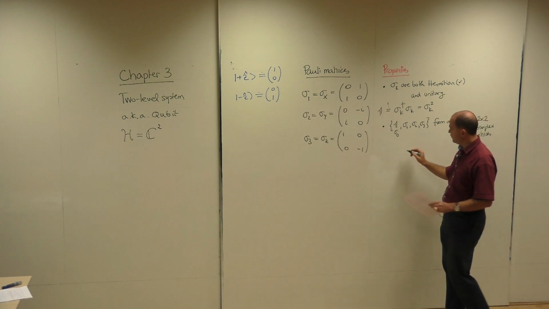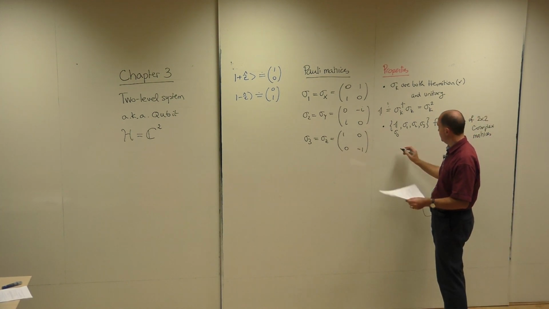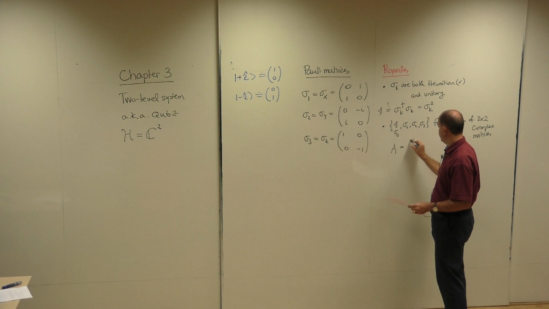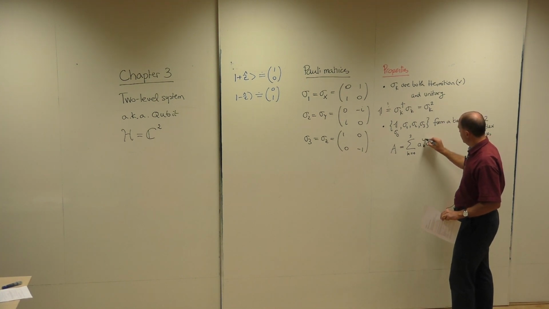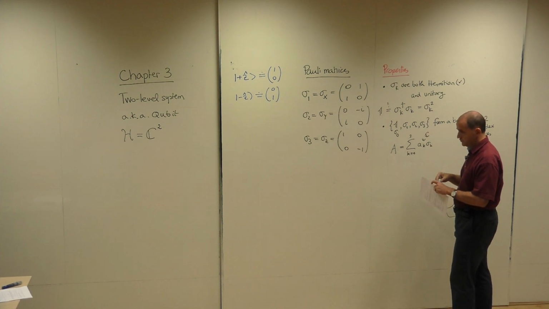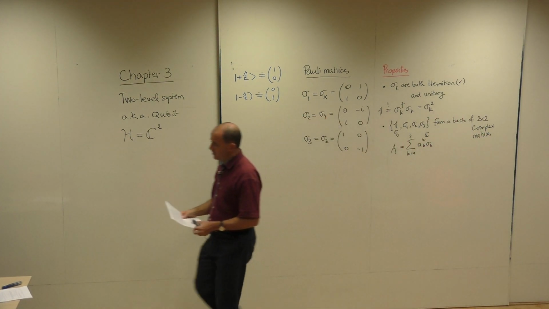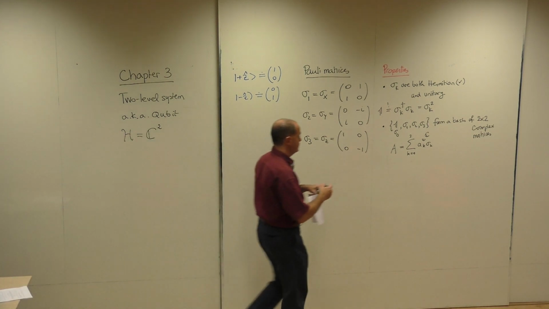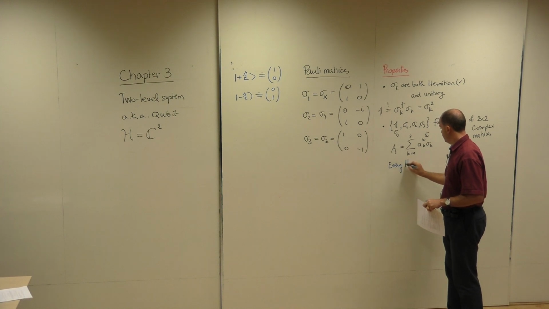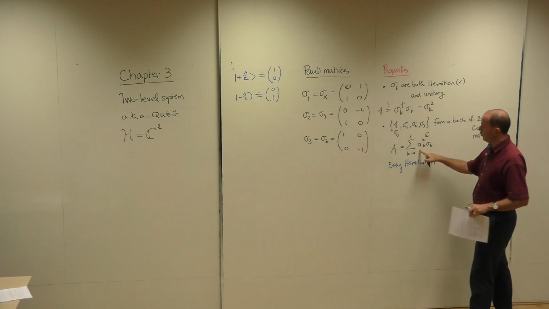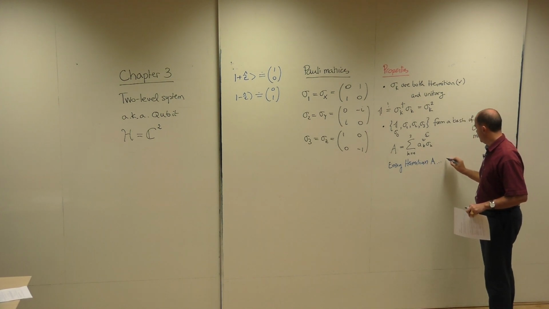So in other words, every complex matrix that I've written here, every linear operator A, can be written as the sum over k from 0 to 3 of a_k sigma k, with a_k usually complex. And now, if I want a Hermitian operator, every Hermitian A can be written also like that, but with a_k real.